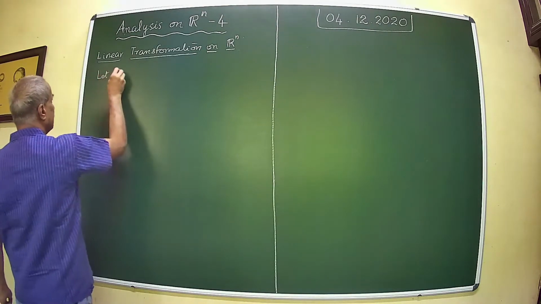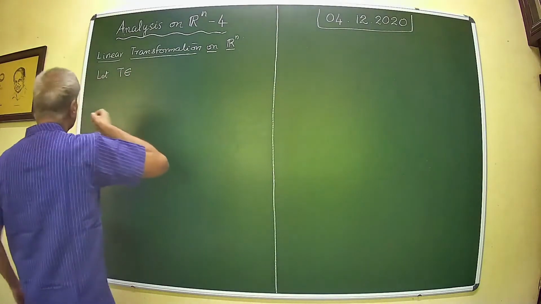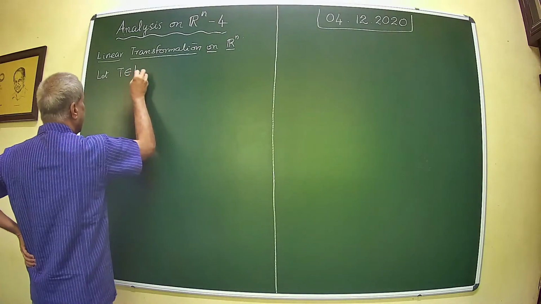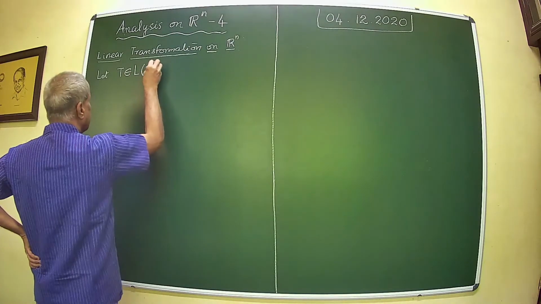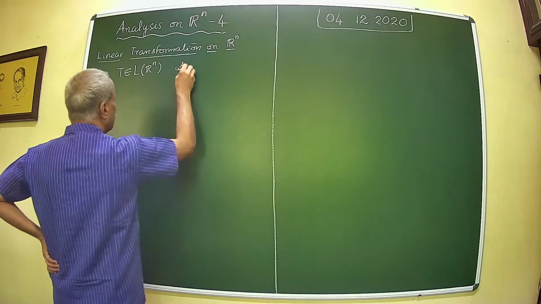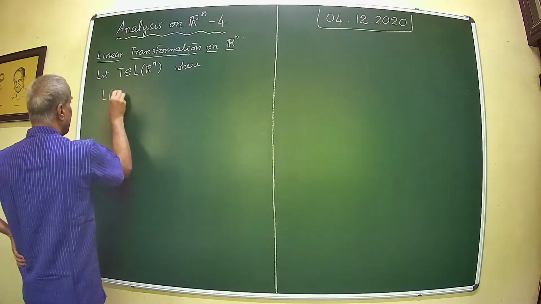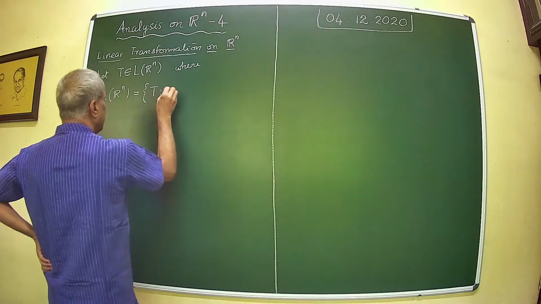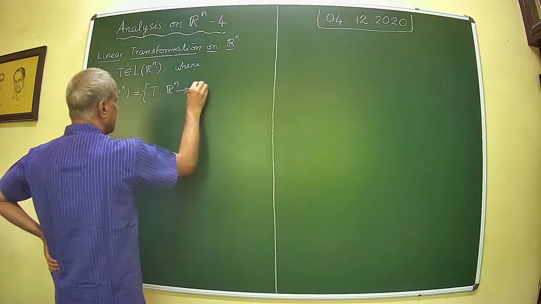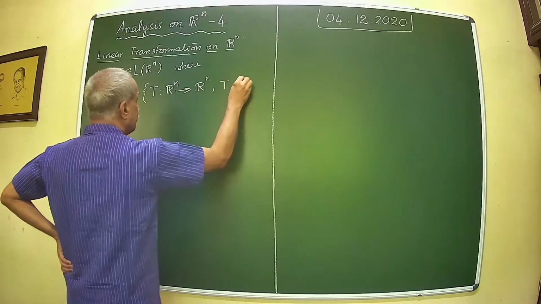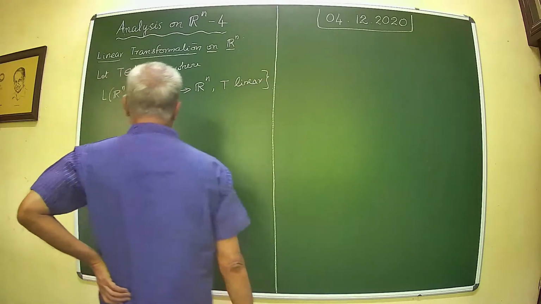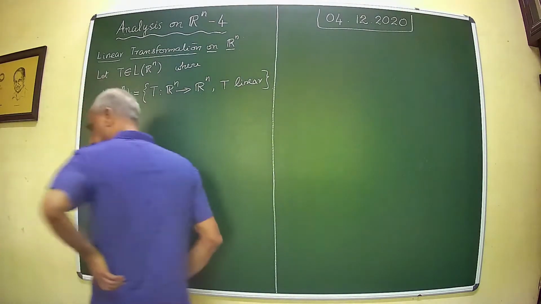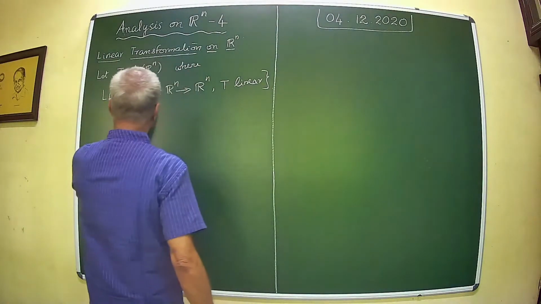Let T belong to the set of linear transformations on Rn, which we denote by L(Rn), where L(Rn) is the set of all T from Rn to Rn, T linear.